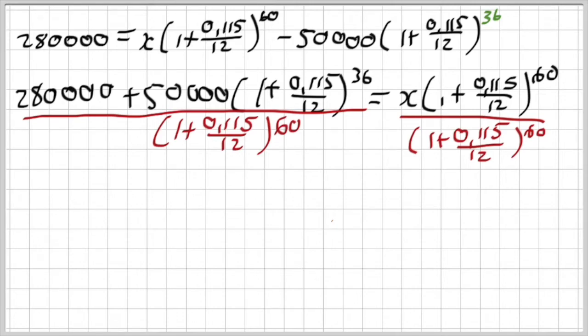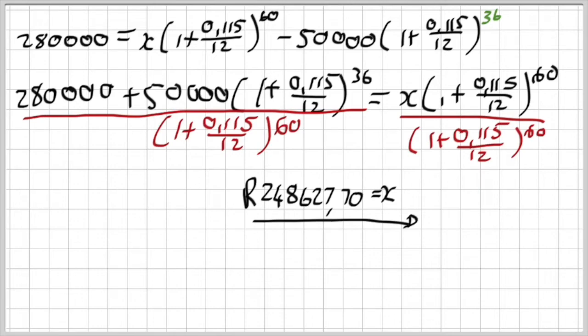So I'm going to take that left-hand side, as difficult as it looks. I'm simply going to type that in, and I get 248,627 Rand and 70 cents. Wow, that is a lot of money to invest.